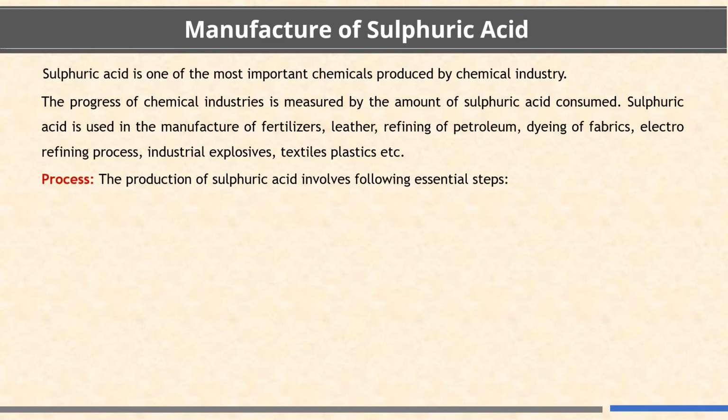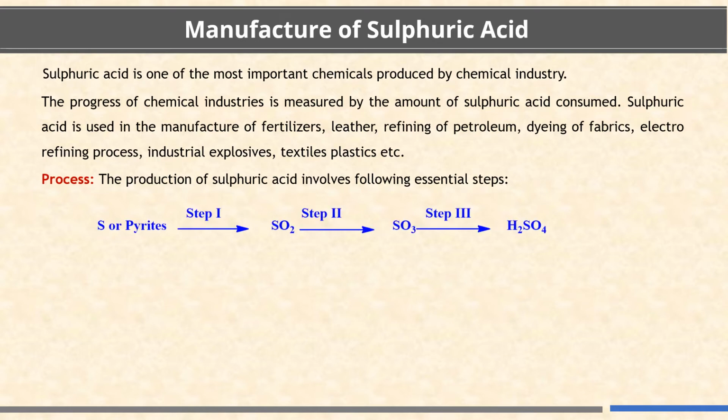The process. The production of sulfuric acid involves following essential steps. Sulfur or pyrites are converted into SO2 in step 1. Step 2 involves conversion of SO2 to SO3, and in step 3 SO3 is converted into H2SO4.